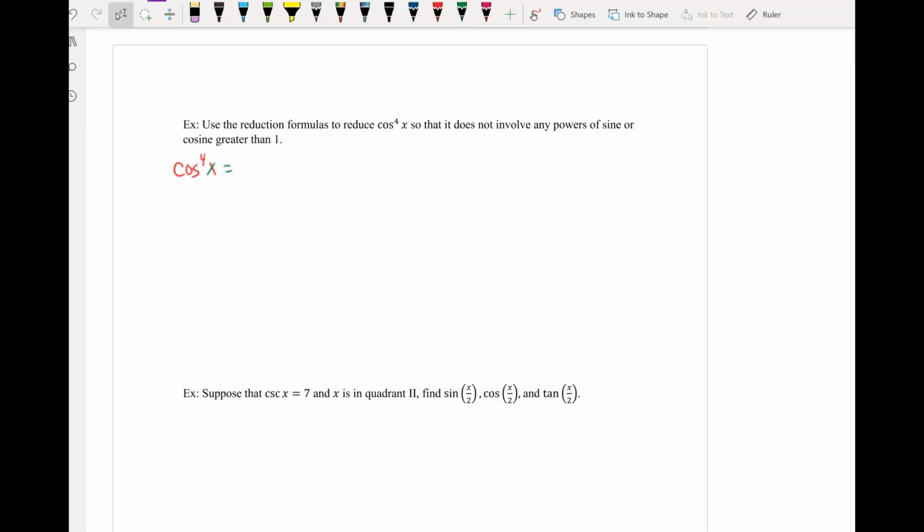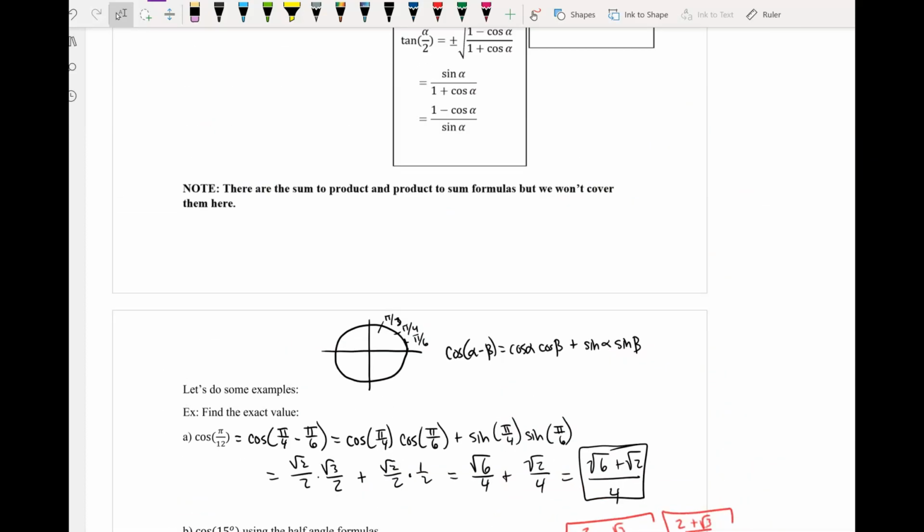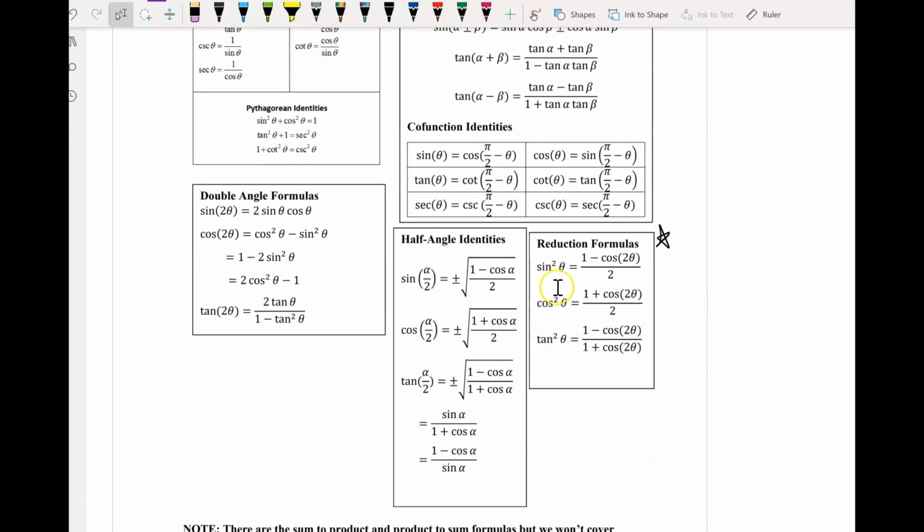Okay, so one way that we can reduce cosine to the 4th power, right? So notice that we want this so that there's no powers of sine or cosine greater than 1. So if you look at the formulas, we don't have anything that has to the 4th power in the reduction formulas. But is there a way that I can reduce the 4 to the squared?